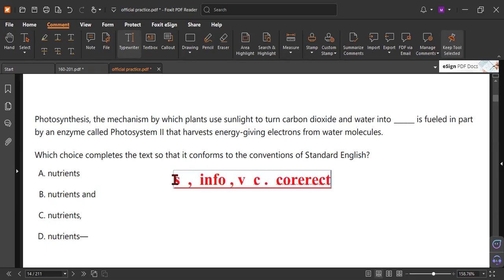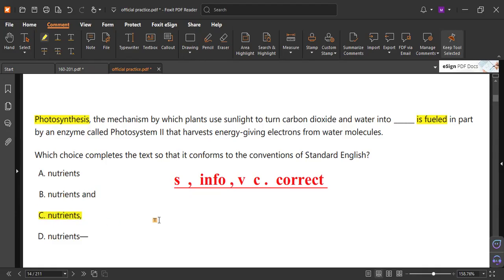That is correct. As I told you, information means phrase or phrases or clauses. Imagine it. Yes, this is a definition. What is photosynthesis? So we need a second comma for non-essential information. So it's C.